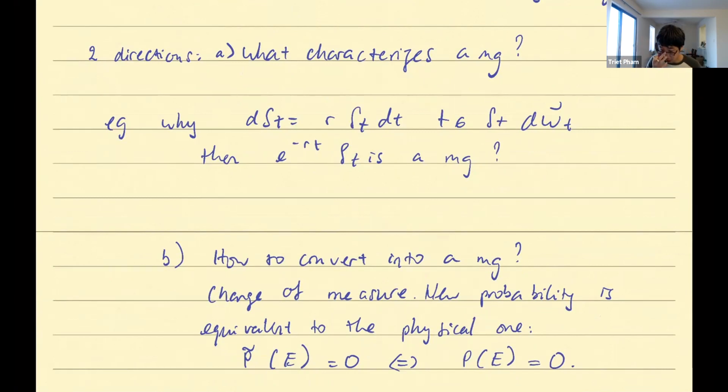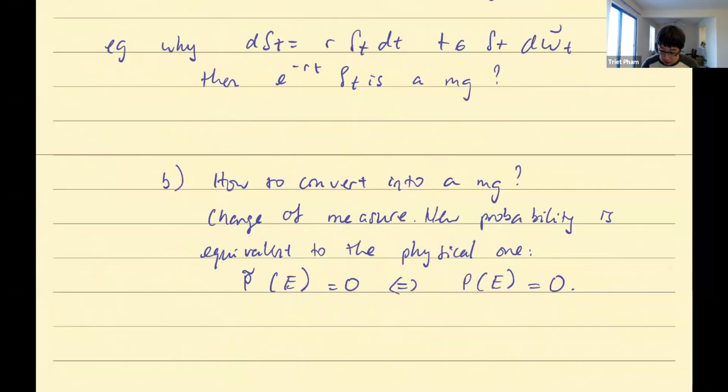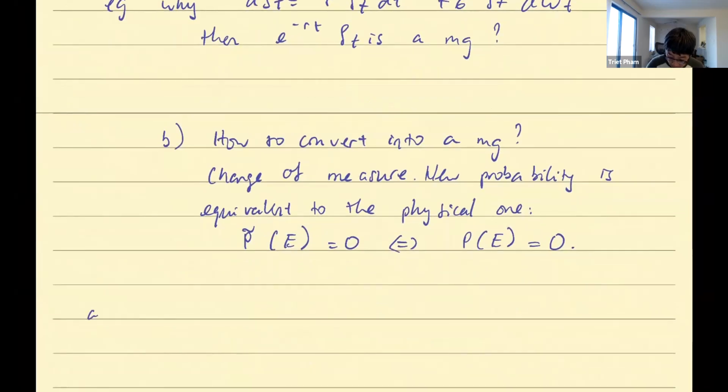Okay, so let's address A first. Before, I did not go too much into these details because the structure was still quite easy. It's just Brownian motion. Now the structure gets more complex, so I need more concepts. So the categorization of martingales in general is this.